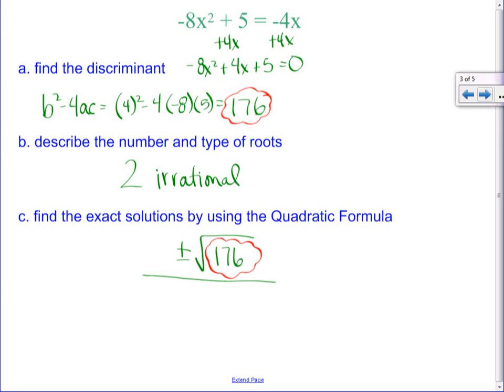All right, so let's finish out the quadratic formula. We got negative b in the front over 2a, and then we're going to simplify. So we've got negative 4. Can we break down 176 at all? So we can divide it by 2.